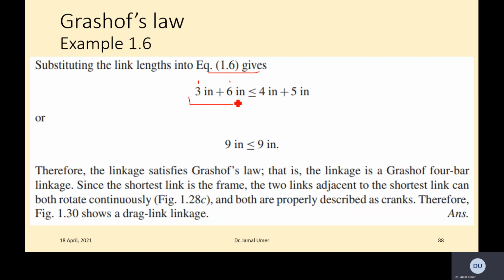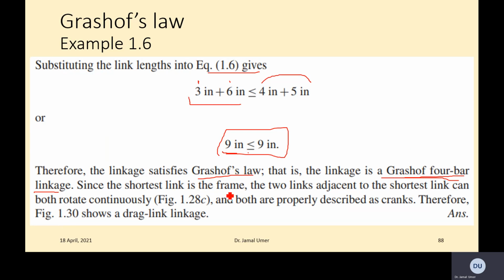Shortest is 3 inches, longest is 6 inch, 3 plus 6 is 9, and the sum of the other two is 4 plus 5. So you see 9 inch is less than or equal to 9. This condition is fulfilled. Therefore the linkage satisfies Grashof's law, that is, the linkage is a Grashof 4-bar linkage.